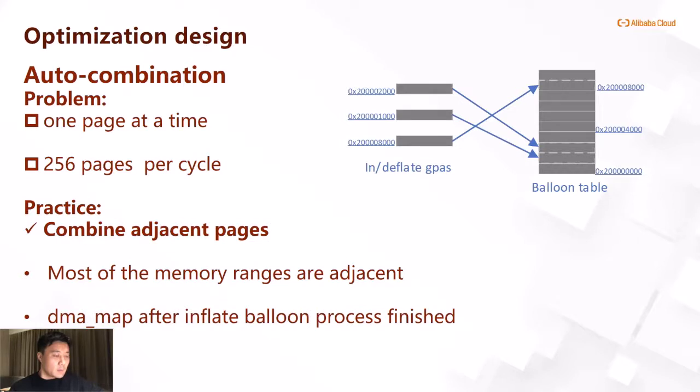The best method is combining the adjacent pages and creating bigger memory ranges in the balloon page table. Actually, most of the memory ranges are adjacent, since the balloon driver is loaded very early and most of the memory is free. After the deflating process finishes, QEMU triggers DMA map of all the memory ranges beyond the page table. It can reduce the DMA map times.